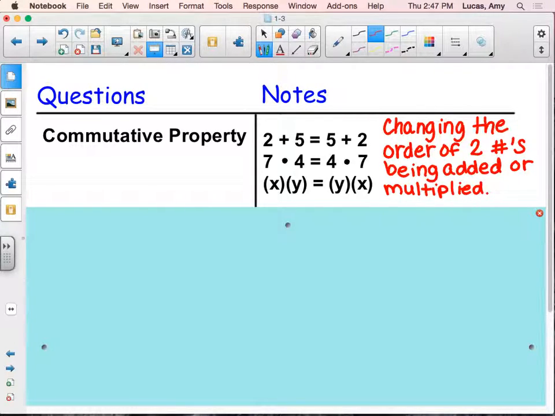Okay, so that's the commutative property. It's okay to change the order of 2 numbers that are being added or being multiplied.